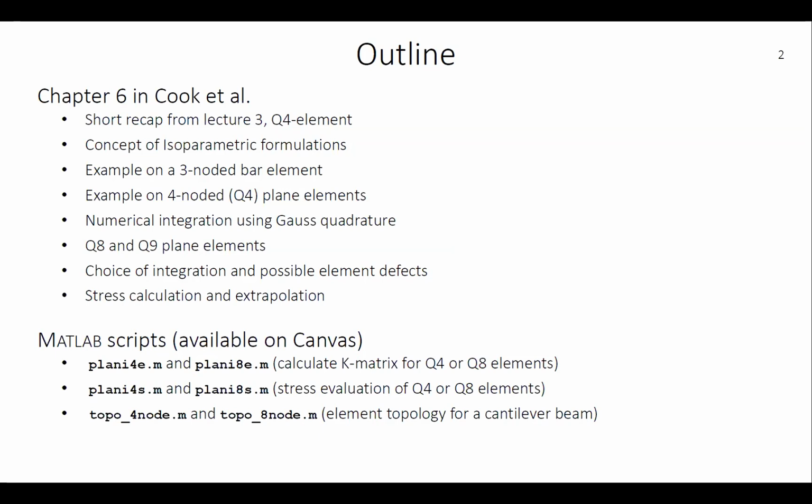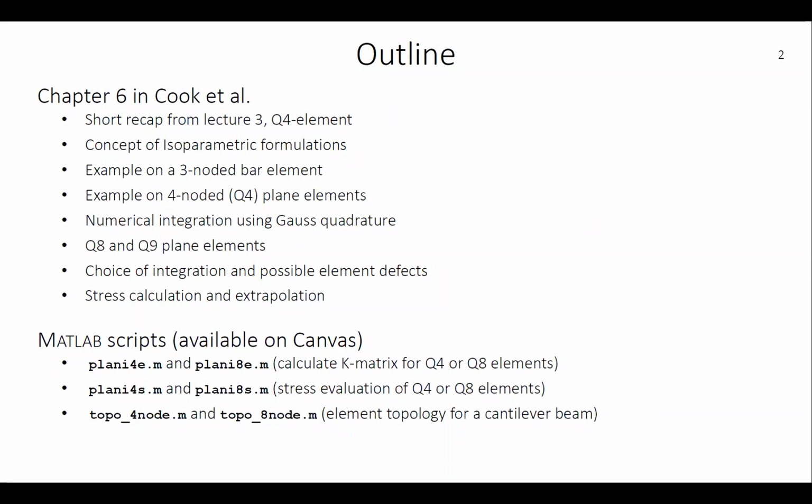What he showed is valid for rectangular elements, and if you have any skewed elements, you need to transform the geometry, and that is the concept of the isoparametric formulation, in order for the element formulations to work. This has many practical implications, and is used in, I would say, any commercial finite element program.